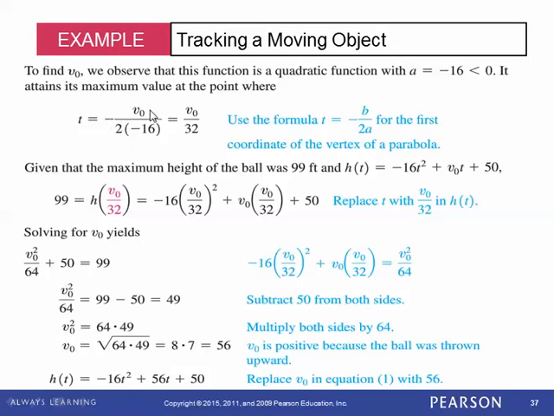It is negative v naught over 2 times a. And if we do that, we have a little problem here because t is connected to v naught over 32.